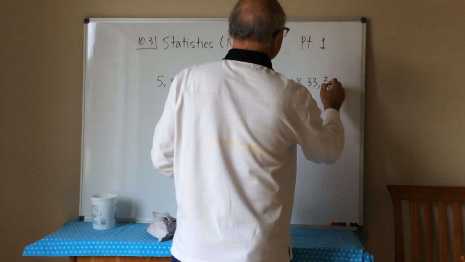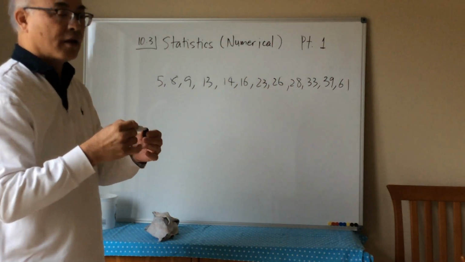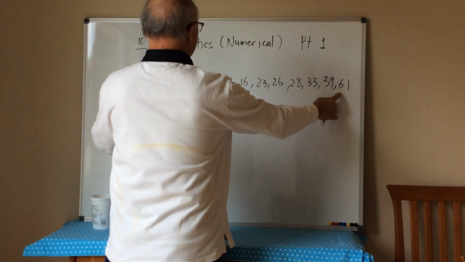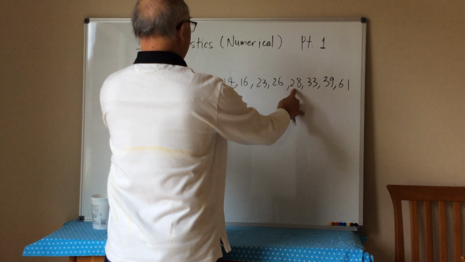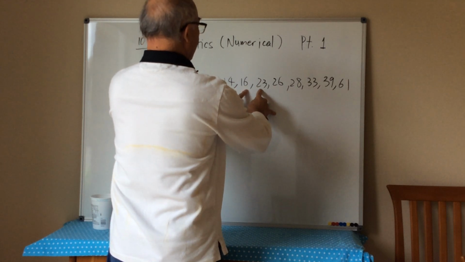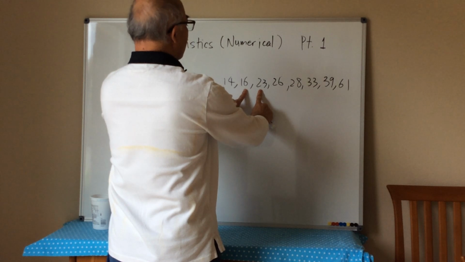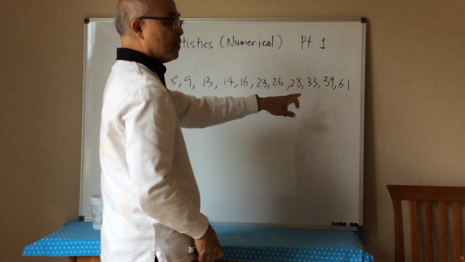Now, obviously, these numbers are in order. You have to put them in order to find which one comes in the middle. So we start from the outside and go in one, in one, in one, in one, and in one. And look right here, we end up with a situation where we do not have a number that falls right in the middle, because there are an even number of data points.